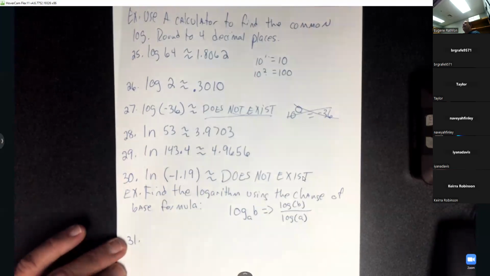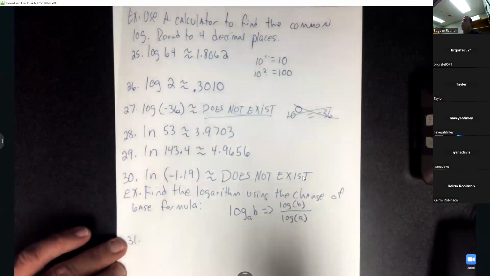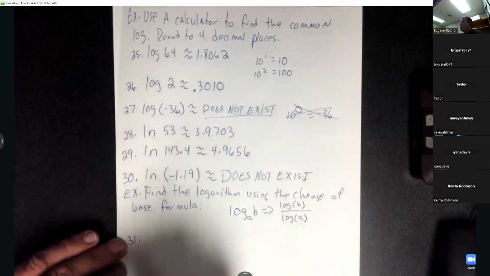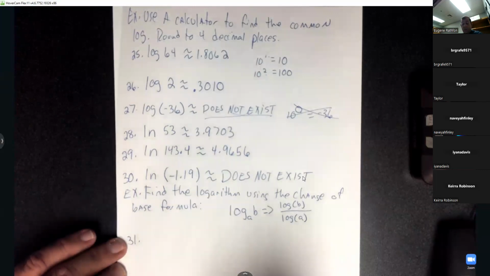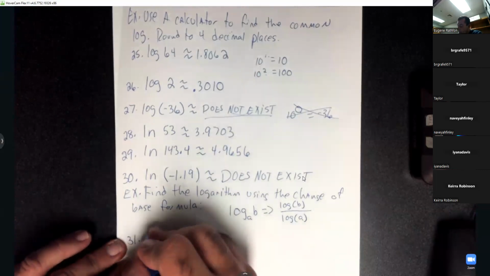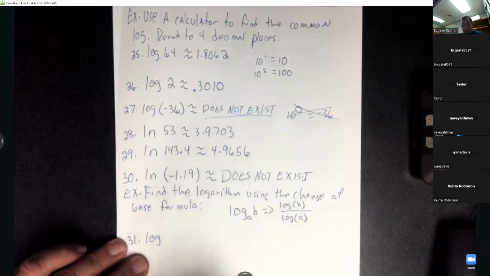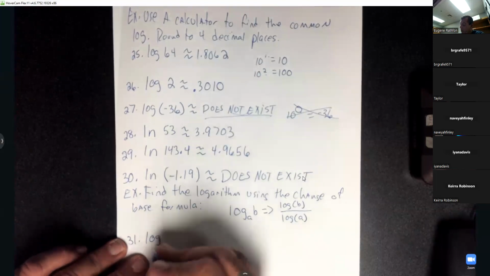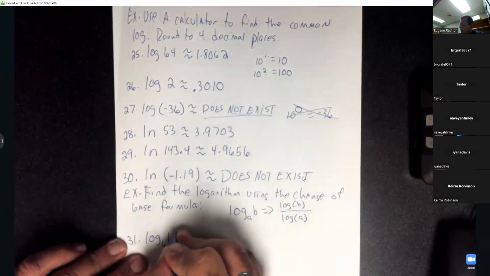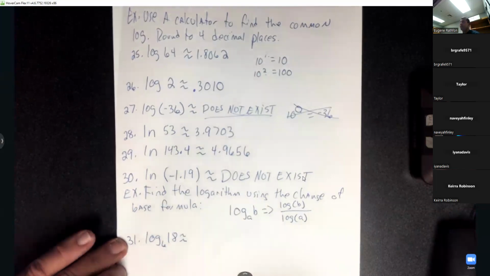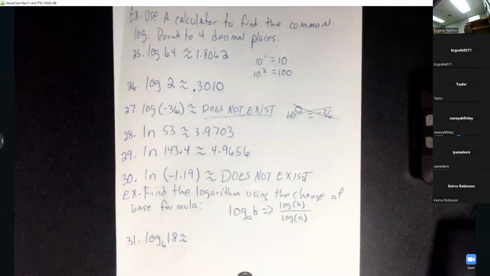Now, if you can hit the math button and you've got log base down there, I would just use that for these. So y'all round me out to 4 decimal places for log base 6 of 18. If you're doing old school, you would do the log of 18, in parentheses, divided by the log of 6.